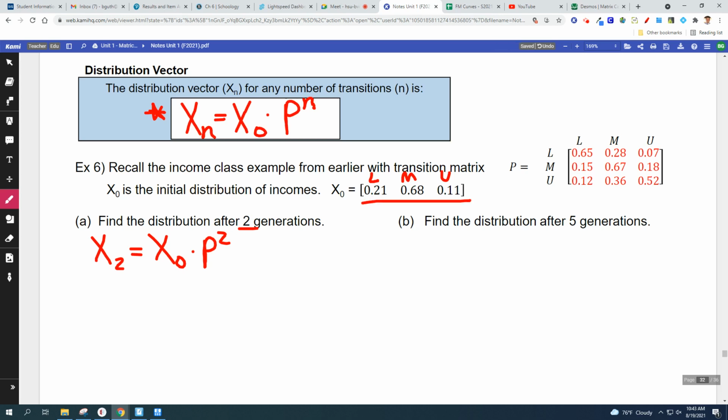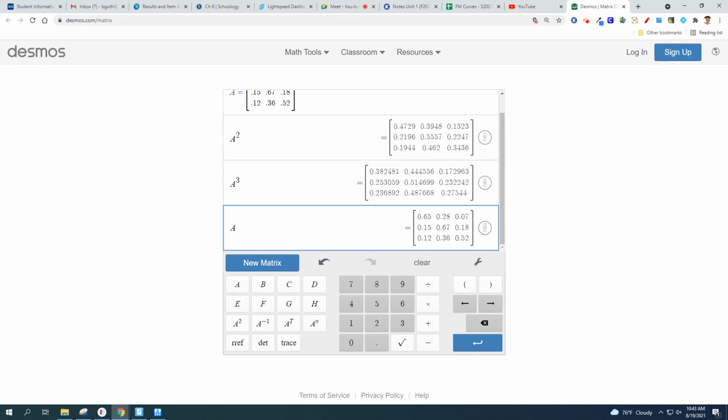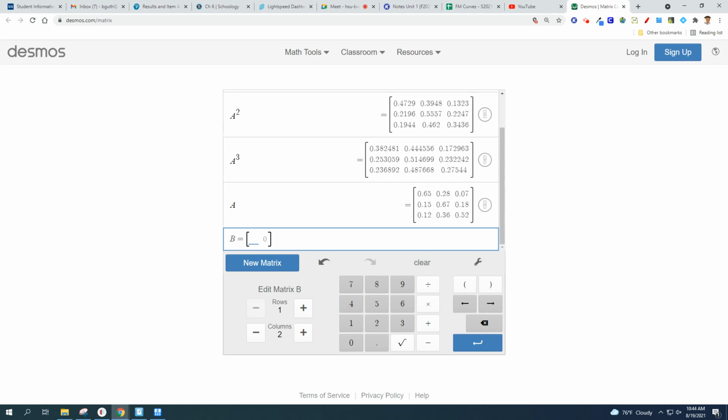So I'm going to do that on my calculator. I've already got matrix A in there, but we want that x0. So we need a new matrix, and it's got 1 row and 3 columns.